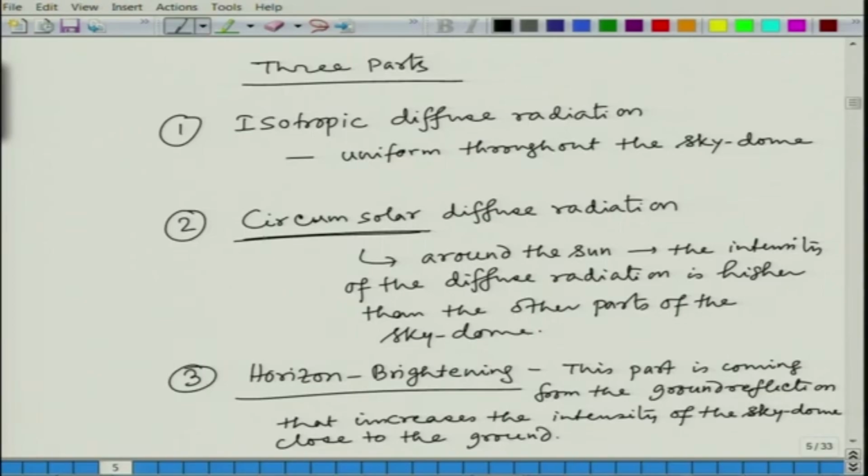So, these are the 3 major parts we talk about.